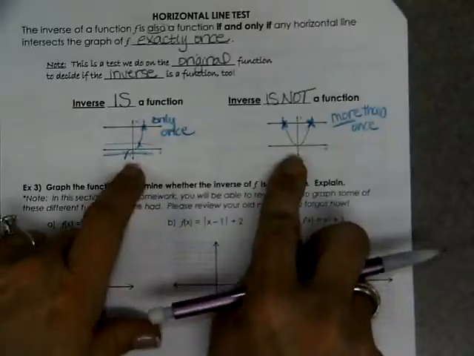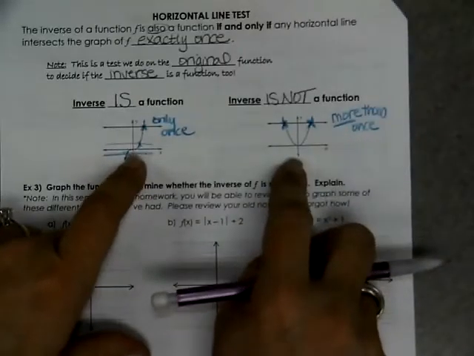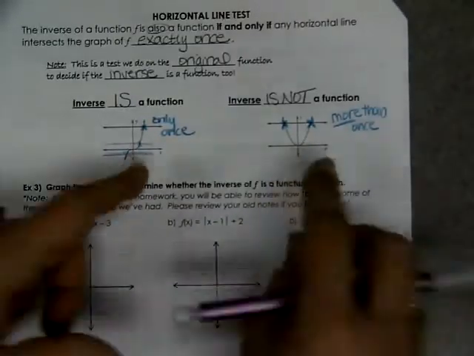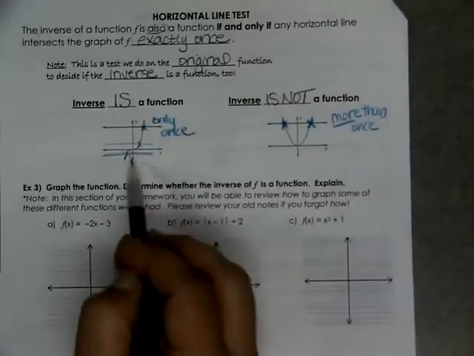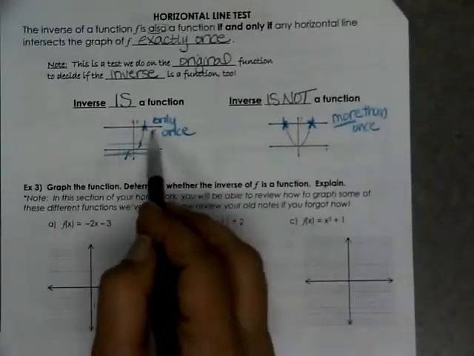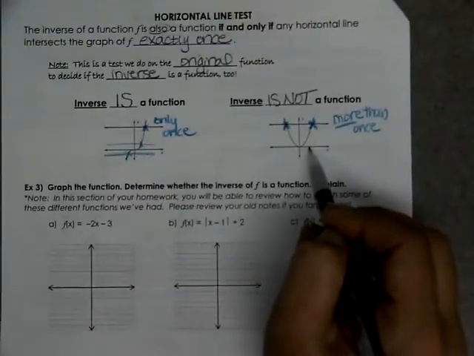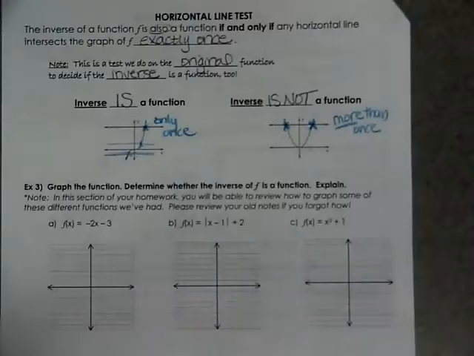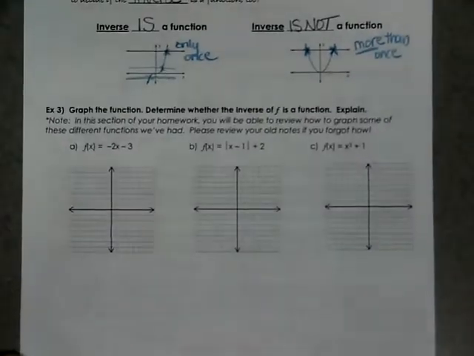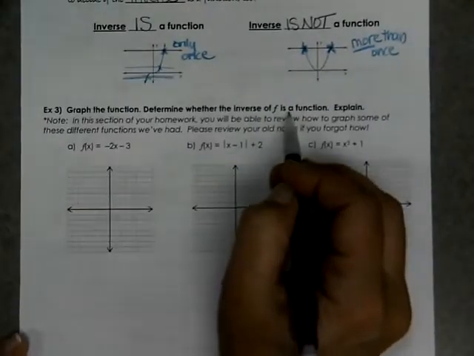So again, these are functions, but we want to know, if we were to find the inverse, would the inverse be a function too? In this one it would be, because it passes the horizontal line test. But the inverse of this function would not be a function because it passes through more than once. And we'll talk more about what we could do to rectify that tomorrow. But today we're just determining if the inverse of f is a function.